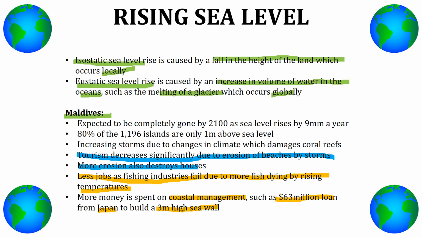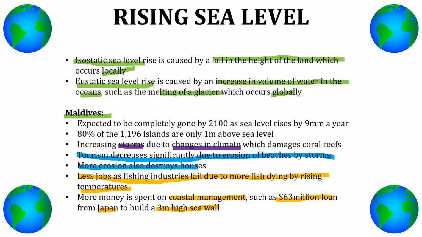Environmental, I'll use purple for that. There are more storms. You can't read that, but I haven't got another colour. So there are more storms due to changes in climate which damage coral reefs. Coral reefs are quite rare, I guess.